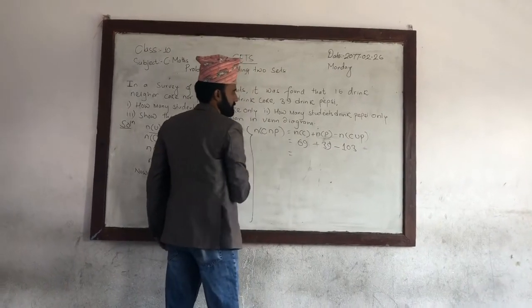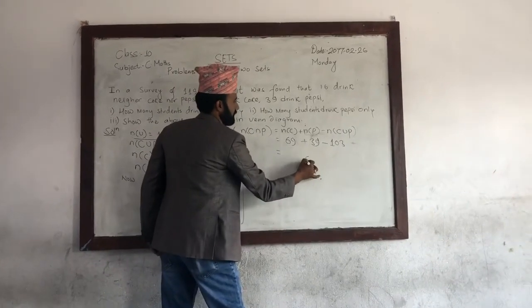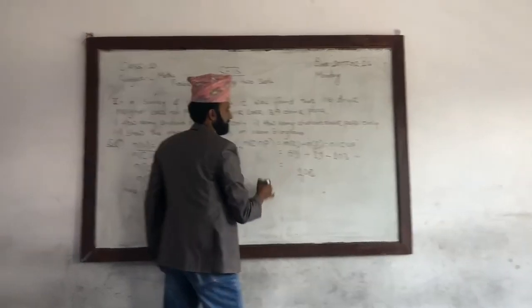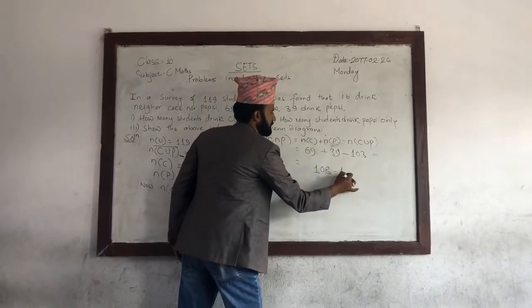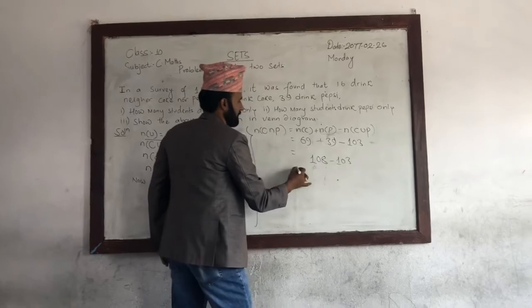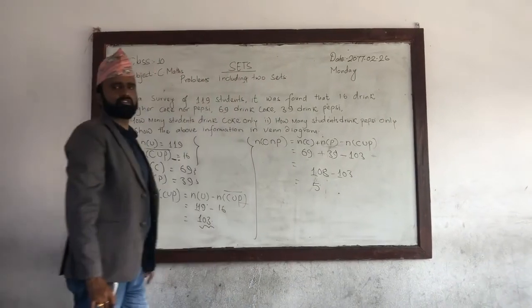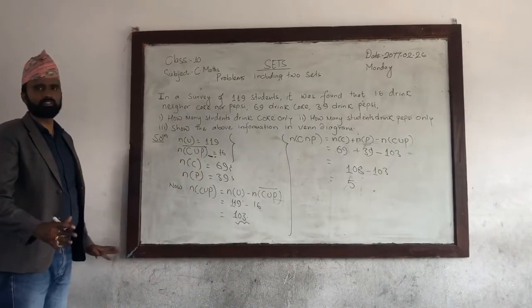That equals 108 minus 103, that equals 5. 5 students like to drink both drinks.